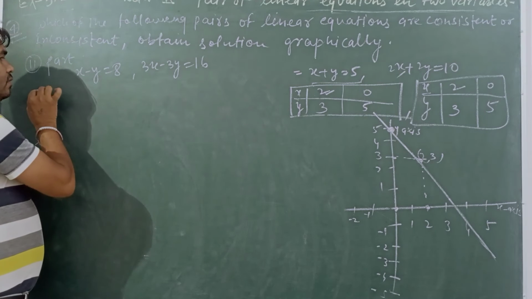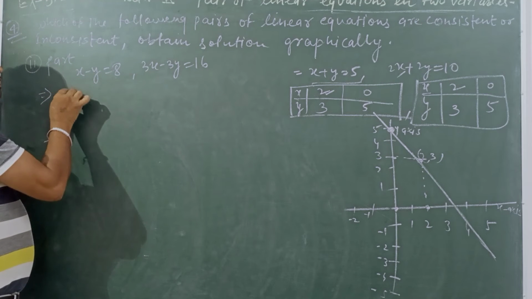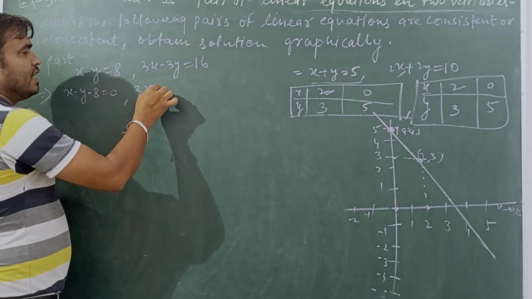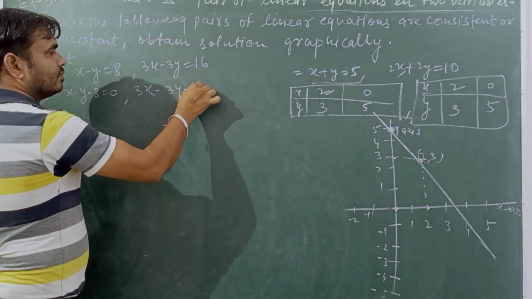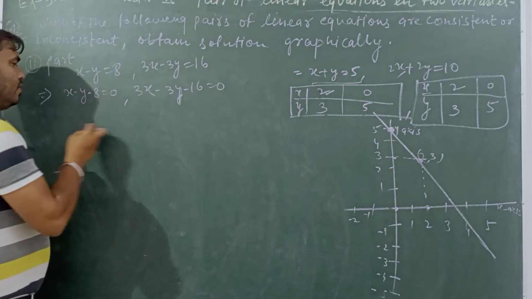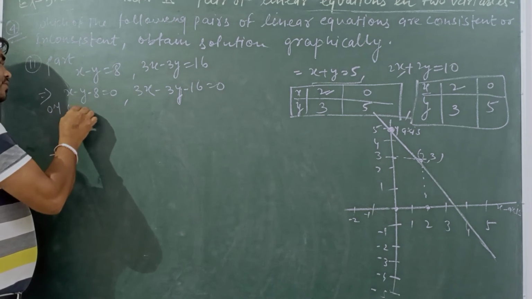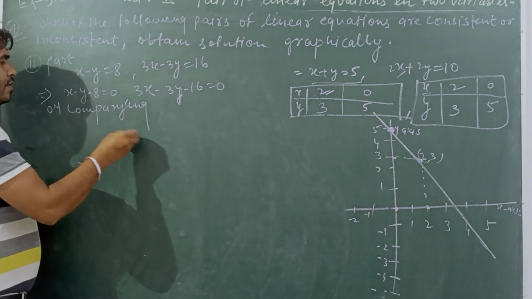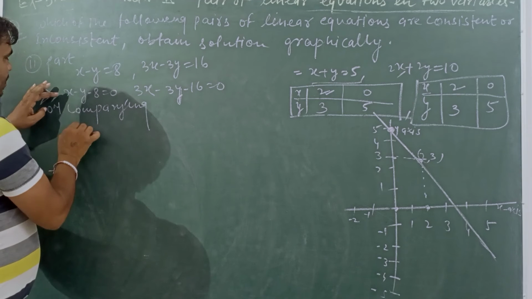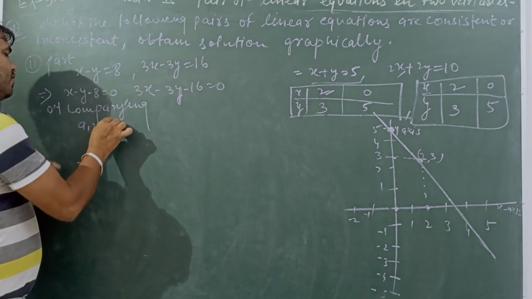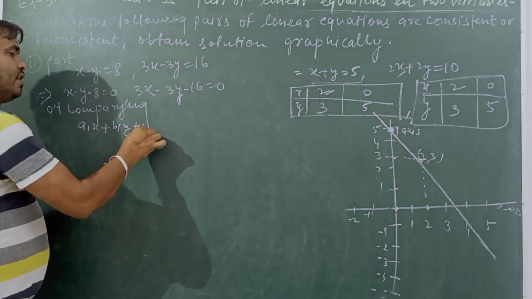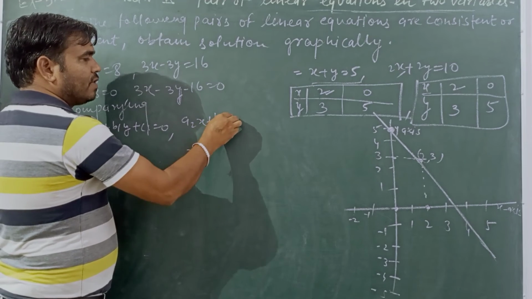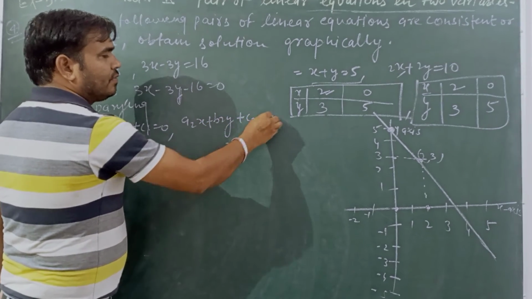On comparing, first we write the equations as a1x plus b1y plus c1 equal to 0 and a2x plus b2y plus c2 equal to 0.